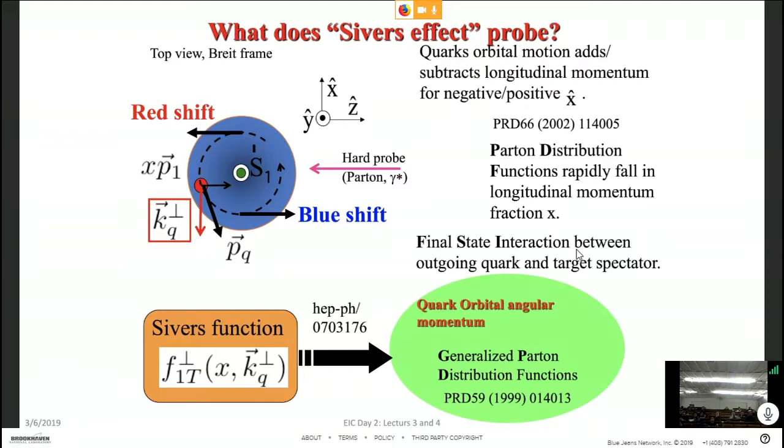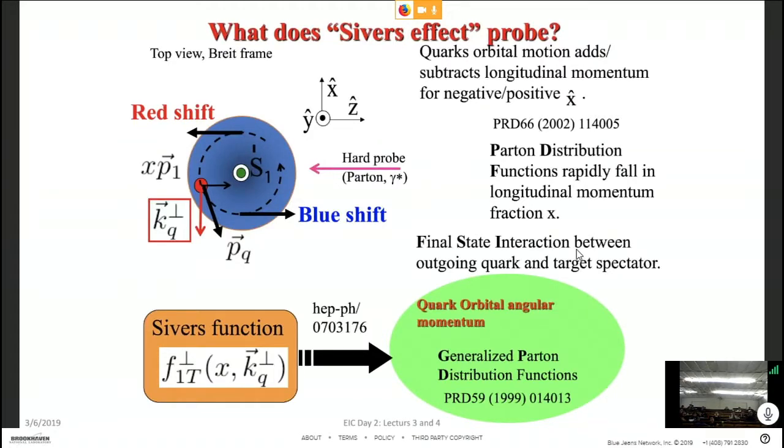So the idea of such a thing came from Burkardt. I think this is a slide that I took from Burkardt, where you start thinking about the spatial distribution and the spatial motion in a complete way. Sivers envisioned this, and so this is called the Sivers function.